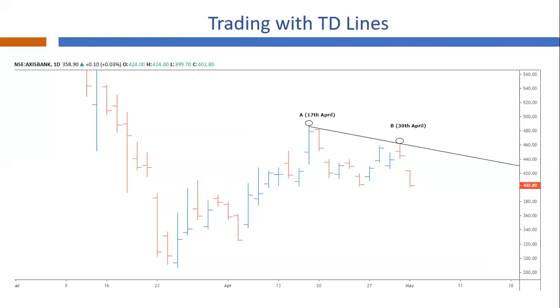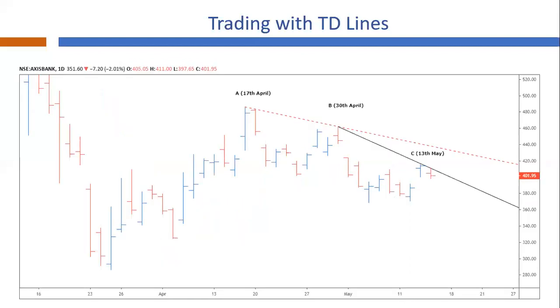Now let's see what happens when new data is printed on the chart. The dynamic nature of TD lines will now be clear from the following chart. This is the daily chart of Axis Bank itself with additional data printed till 14th May 2020. I have now marked three TD supply points, namely point C dated 13th May 2020, point B dated 30th April 2020, and point A dated 17th April 2020.